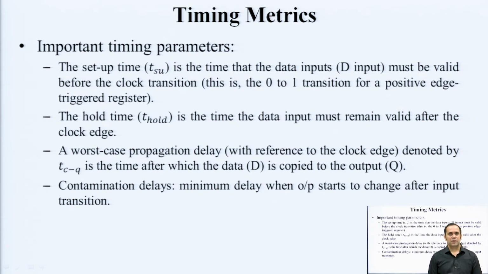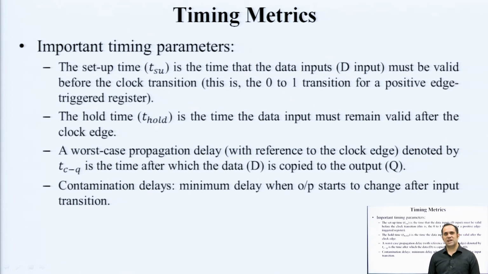But since the clock is also acting like a trigger, you can define propagation delay as well as contamination delay with respect to the clock also. Suppose the input makes a transition at a different time, but the clock triggers. So, with respect to the clock also you can define these delays. These are some of the timing parameters.